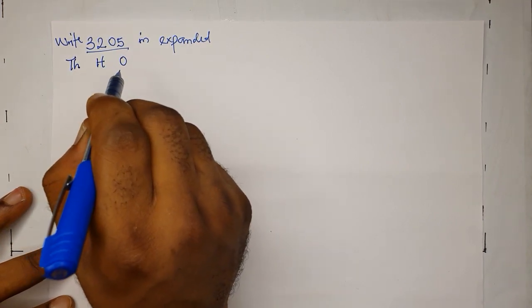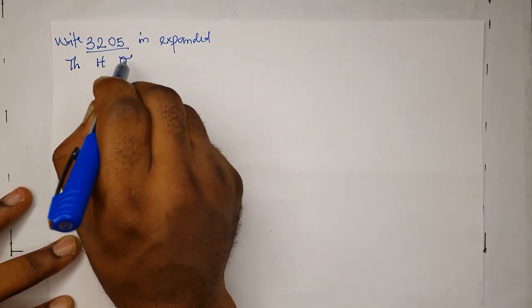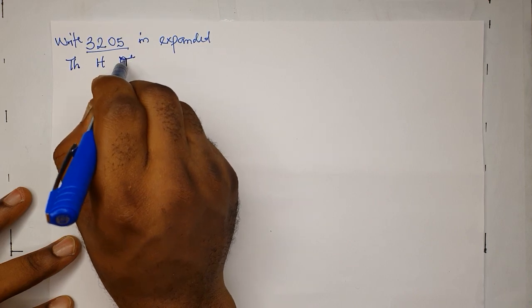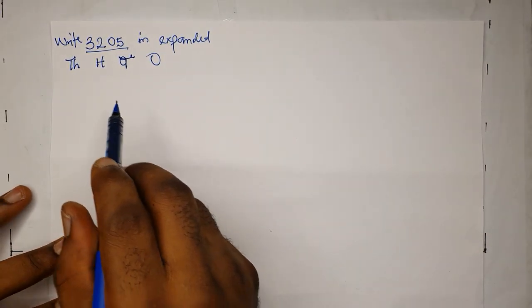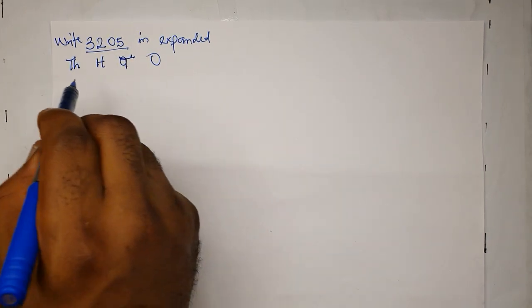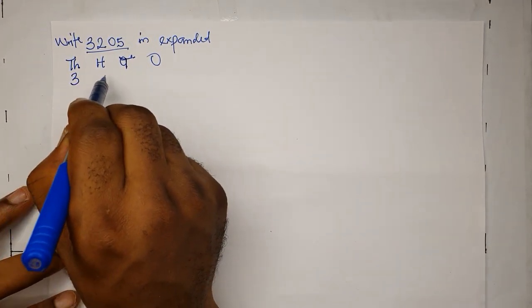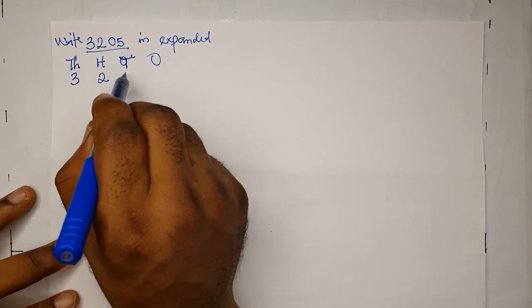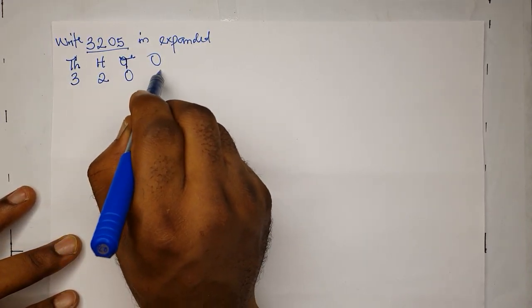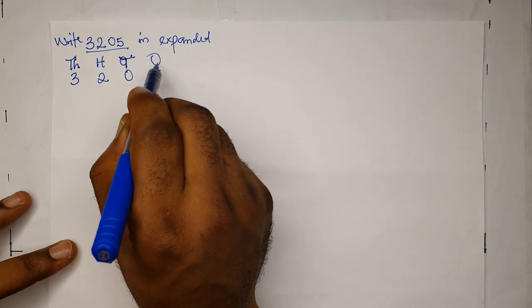This is the tens place where the zero will come in, and then the ones place, or you can call it the units place. So since I have 3205, all it means is that I have 3 in thousands place, 2 in hundreds place, 0 in tens place, and 5 in ones place.